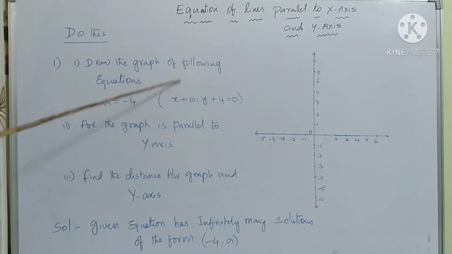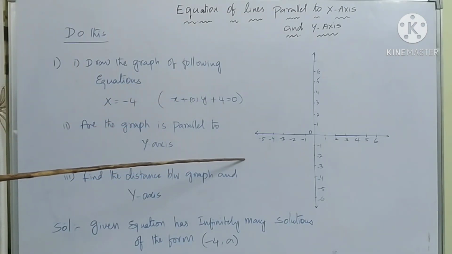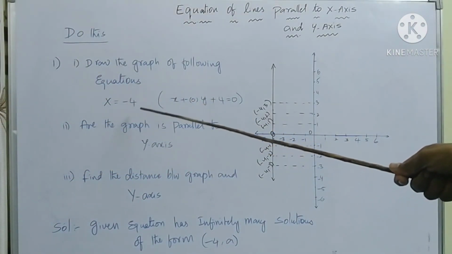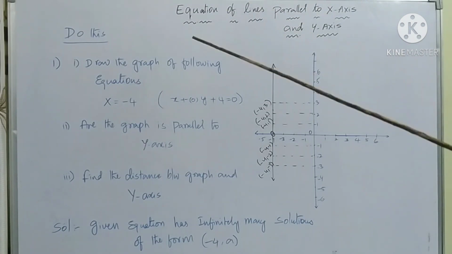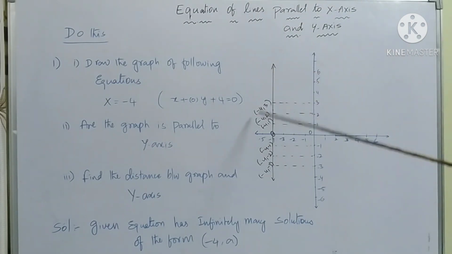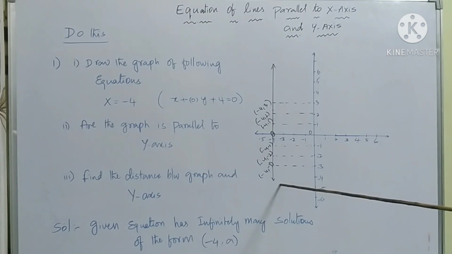We can draw the solutions on the Cartesian plane. The solutions of this equation are (-4, a), where a means any real number on the number line. The graph of this equation is like this.